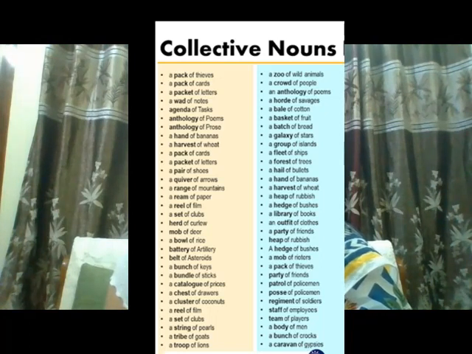Groups of hills, many hills together, we call a chain of hills. Then an army of soldiers. And there are many more like this. On your screen I have already displayed a list of collective nouns. So later you can read the names and learn at least 10 or 15 names of collective nouns.